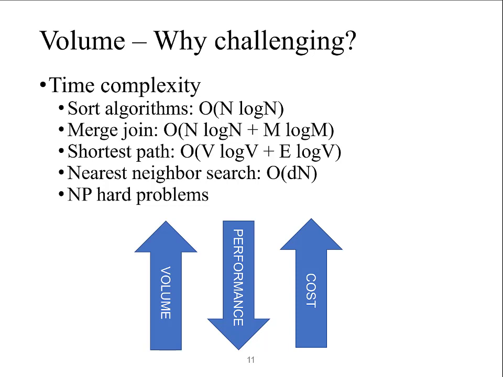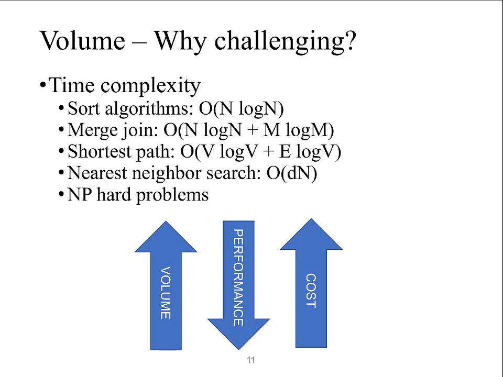And if we consider nearest neighbor search in high dimensional data, because of the curse of dimensionality, which will be mentioned later in probably week 4 or week 5, the time complexity would not be sublinear.